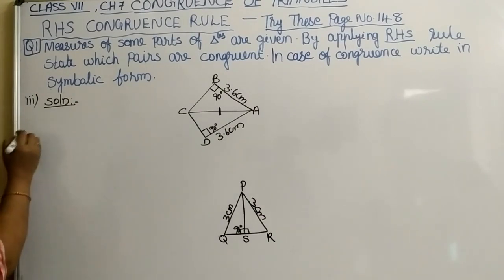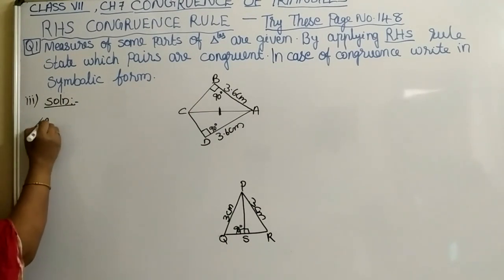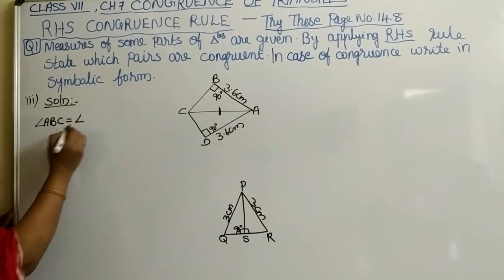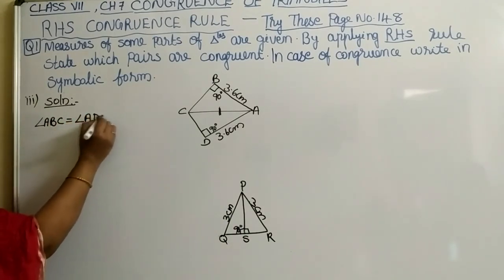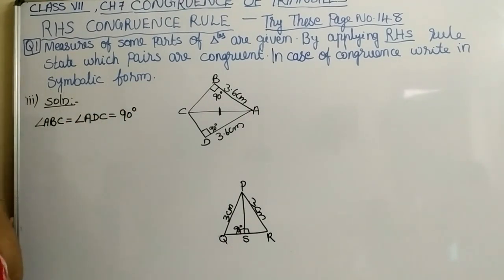Now we can write the solution. So first we need 90 degrees. So we can write angle ABC equal to angle ADC equal to 90 degrees. Second is the hypotenuse.